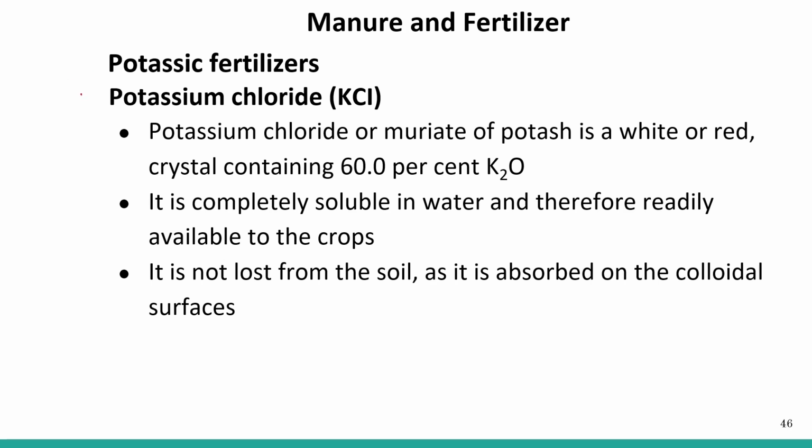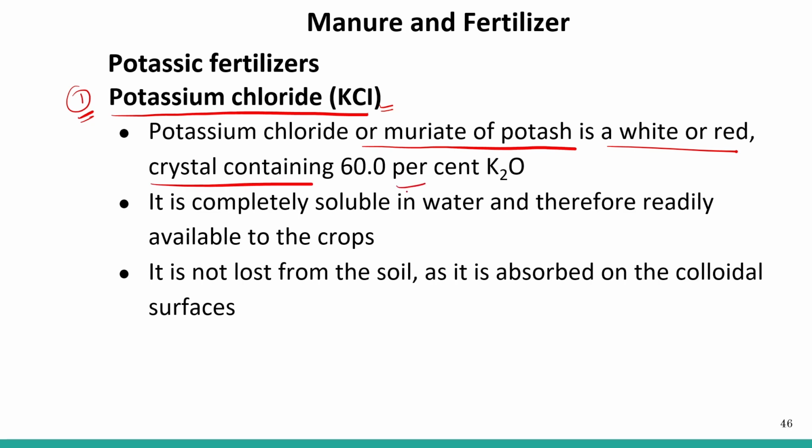Let us discuss the first type, potassium chloride, KCl. Potassium chloride, or muriate of potash, is a white or red crystal containing 60% of potassium oxide. Very important: it is completely soluble in water and therefore readily available to the crop.